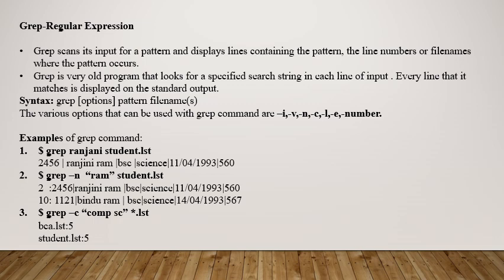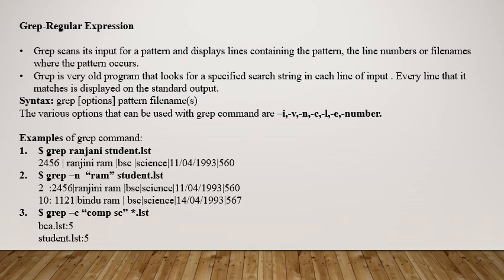Here grep scans its input for a pattern and displays lines containing the pattern, the line numbers or file names where the pattern occurs. grep is a very old program that looks for a specified search string in each line of input. Every line that it matches is displayed on the standard output.